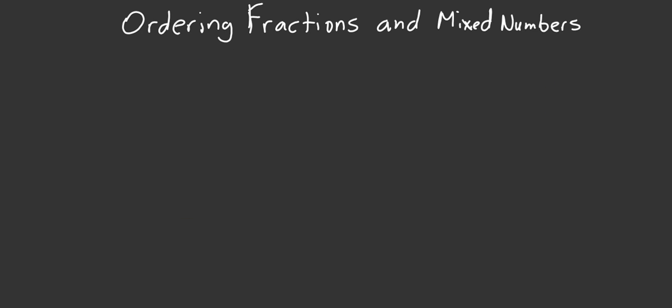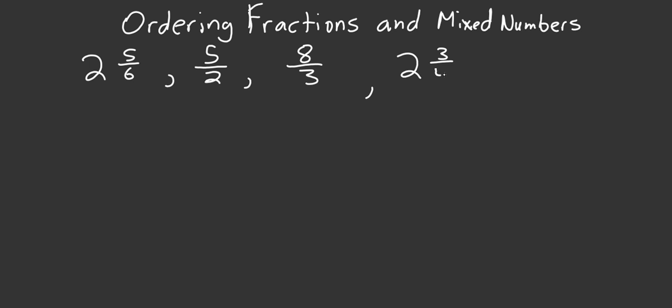All right, so our first question will be 2 and 5/6, 5/2, 8/3, and 2 and 3/4. So once again, we ask ourselves each time we have a question, what sucks about this question? Well, there's 2 things.